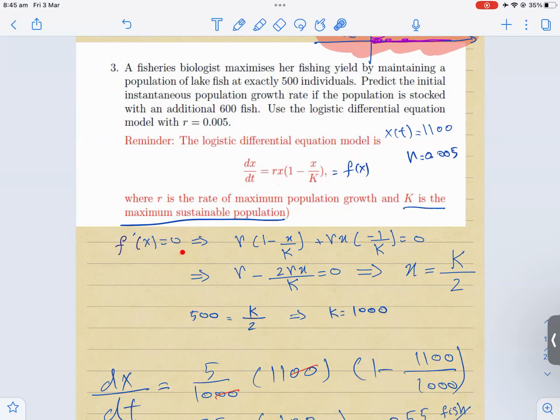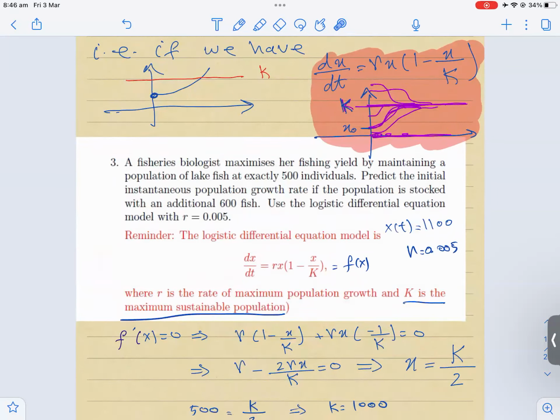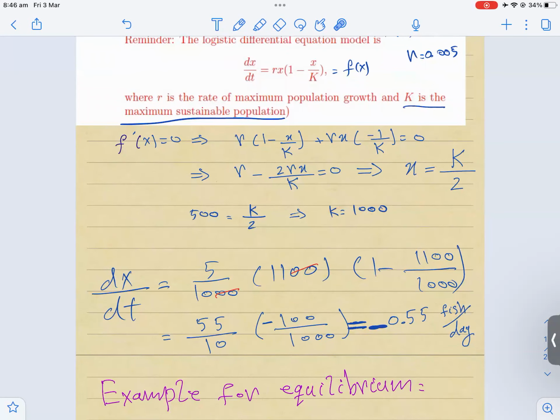So f prime x equals 0. If I take a derivative, I will get this one. With some simplification, I will get x equal to K over 2. So x is 500, we are somehow here, and I want to get this K. So this K will be 1000.